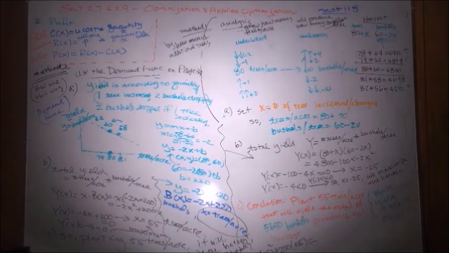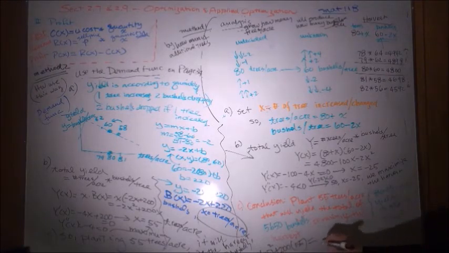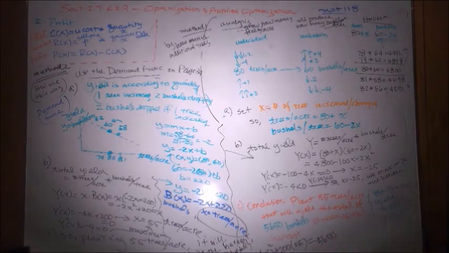That's yield, right? So how many yield would that be? So you multiply this. That would give you 5650. Got it?